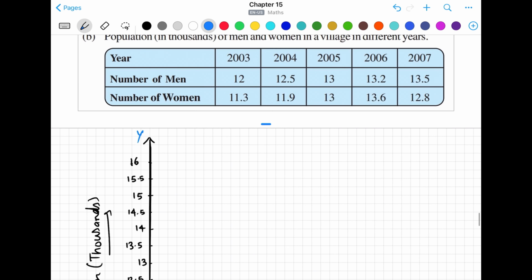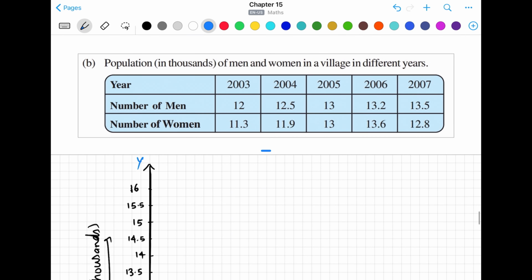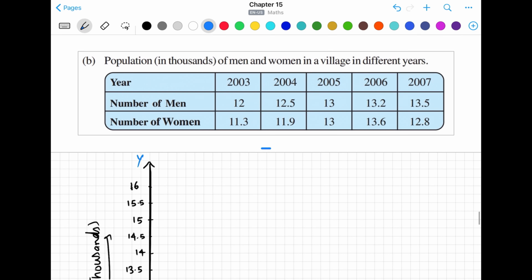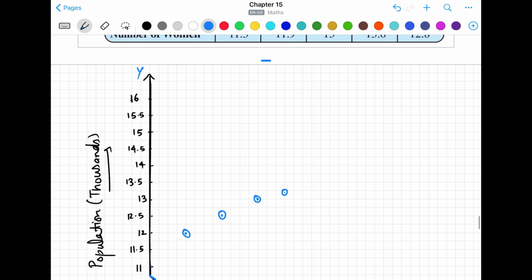In 2004 it is 12.5, so it has increased slightly from 12 to 12.5. Then in 2005 it becomes 13. It is increasing. Then in 2006 it is 13.2, so that will be somewhere here, between 13 and 13.5.